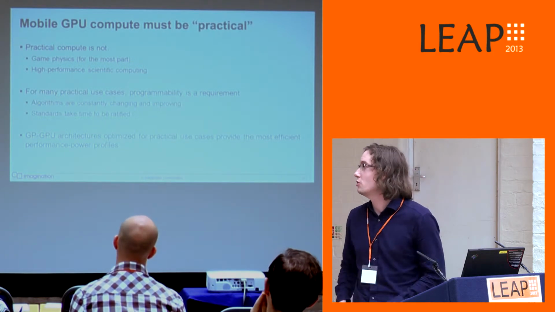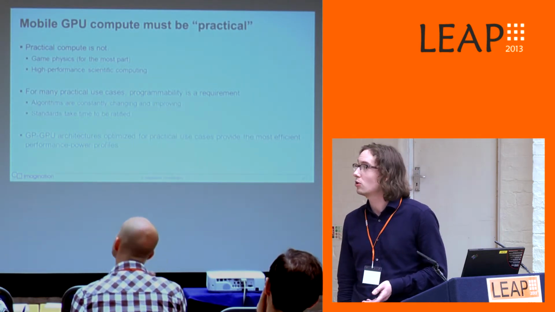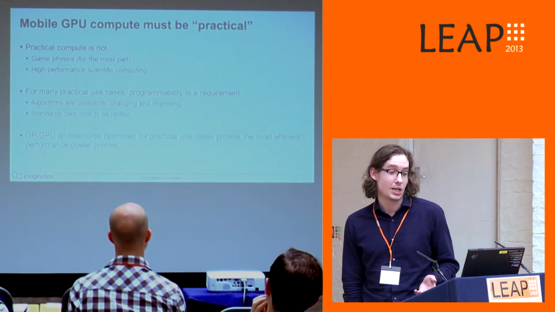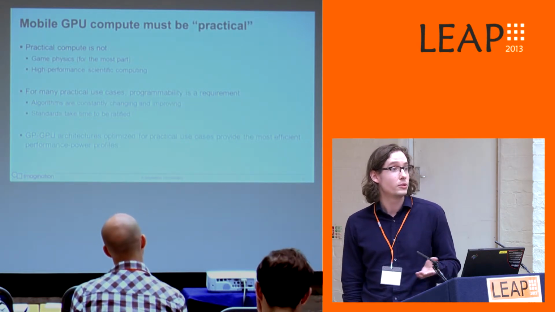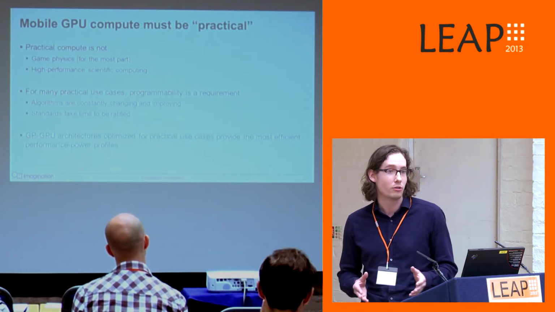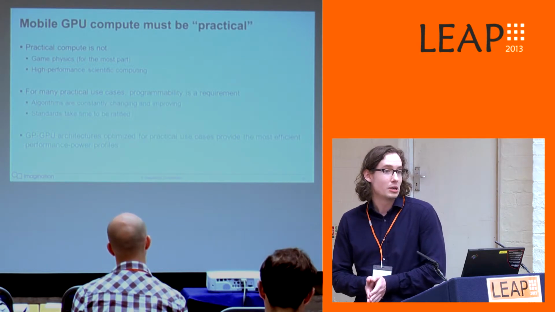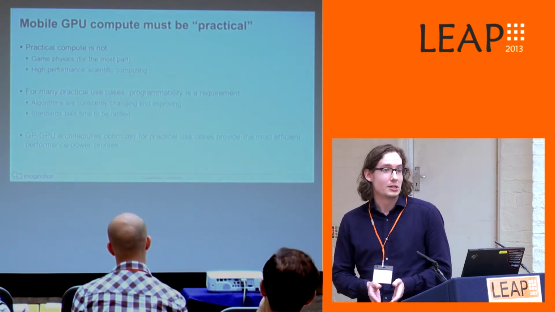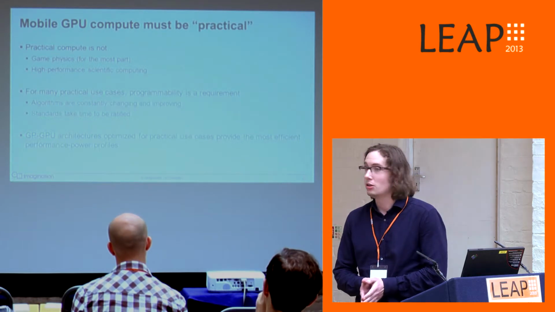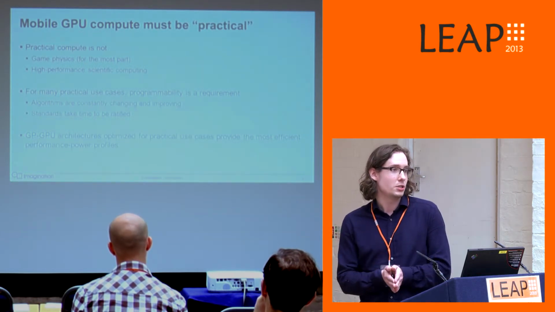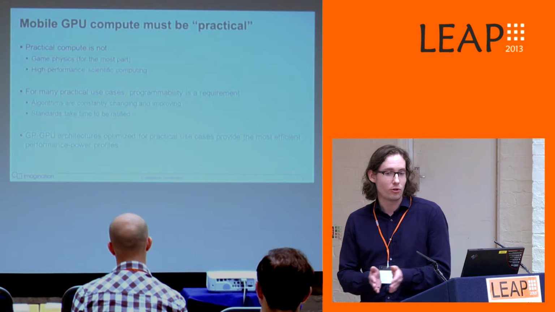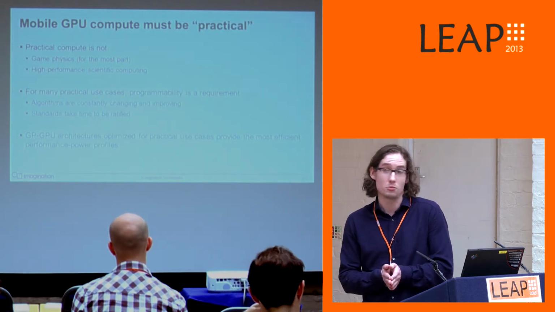But for many of the practical use cases, programmability is a requirement. We had examples there for vision, for example. That's another area where there's a lot of work going on in terms of vision algorithms, things like automotive safety systems, and again, if you were to harden all that into ASIC logic, you would prevent yourself from evolving those algorithms over time.